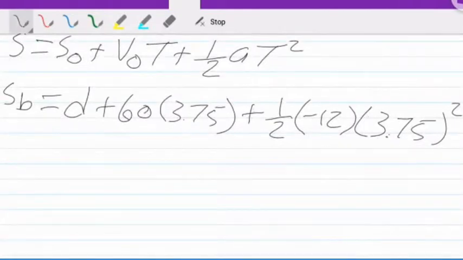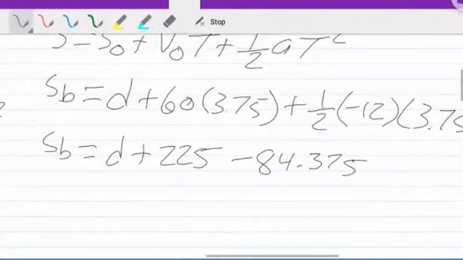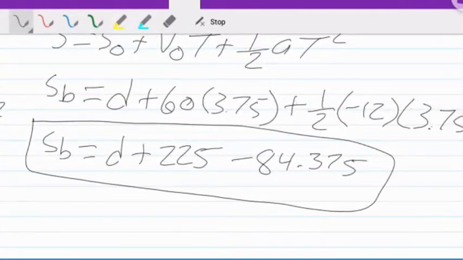Reducing all this, the displacement of car B is d plus 60 times 3.75, which is 225, minus 3.75 squared times 12 times 0.5, which is 84.375. So this is our displacement for car B.